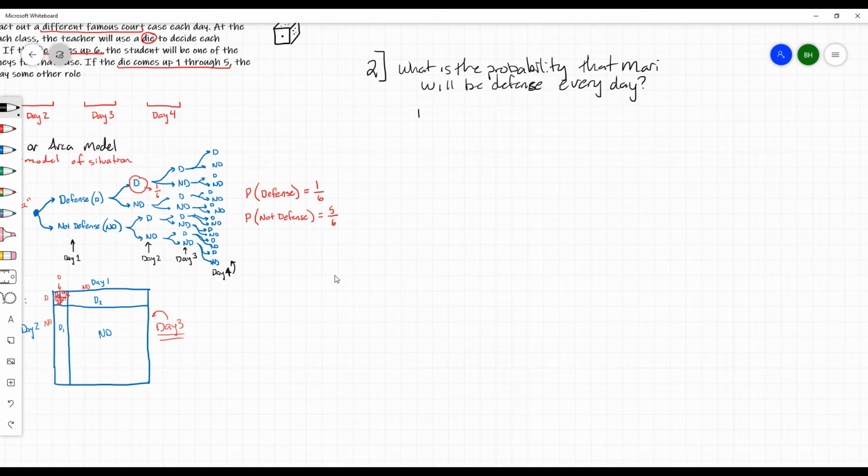In other words, this is asking what is the probability that Mari will be the defense for 4 days?